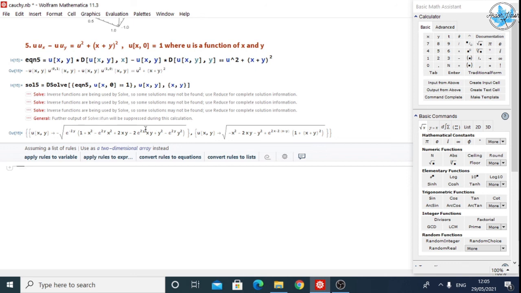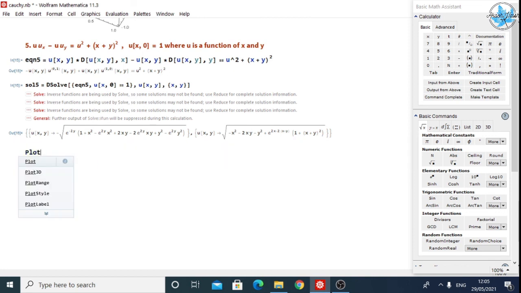Now I will plot. How to plot the graph? I will simply write the Plot3D command, and within this I will write the equation 5. So simply write eqn5 backslash dot sol4.